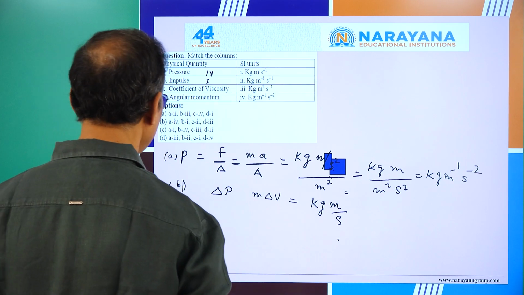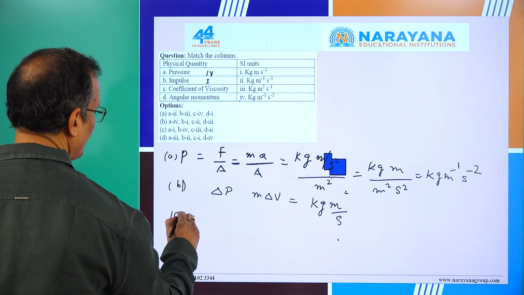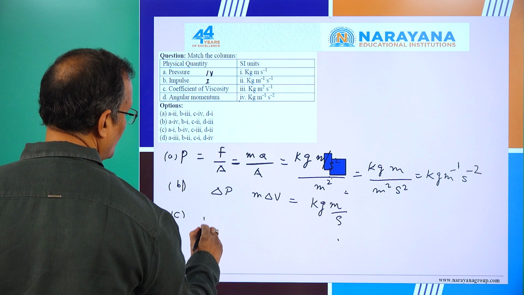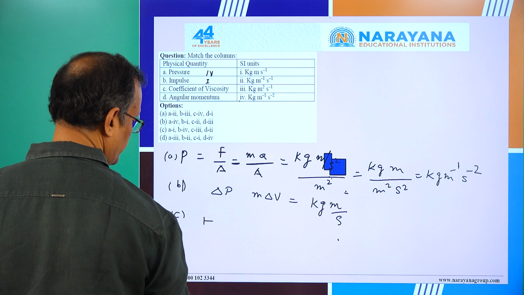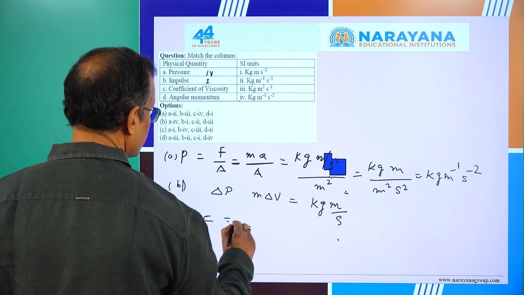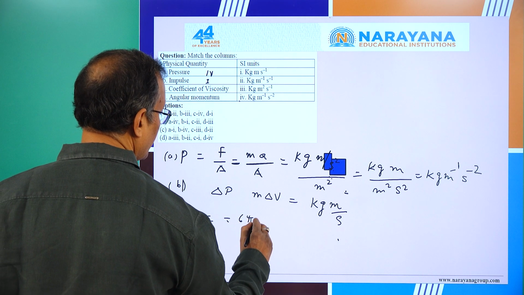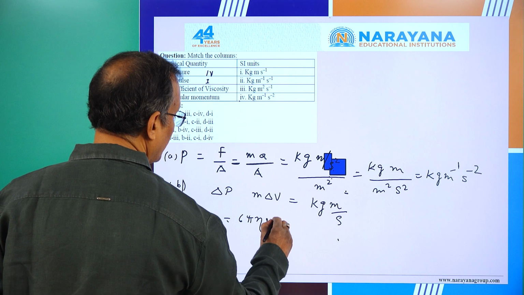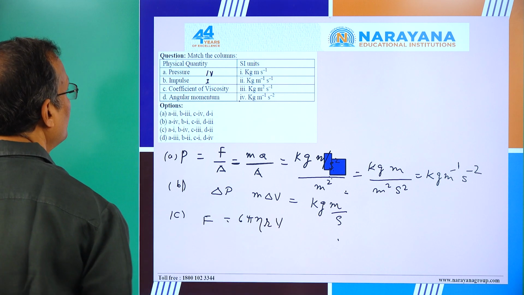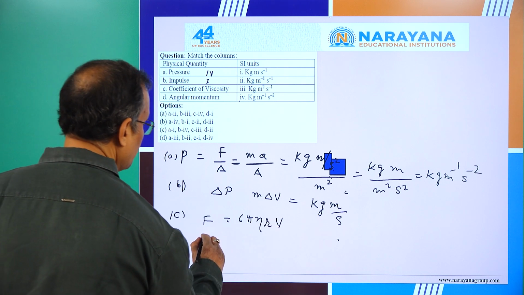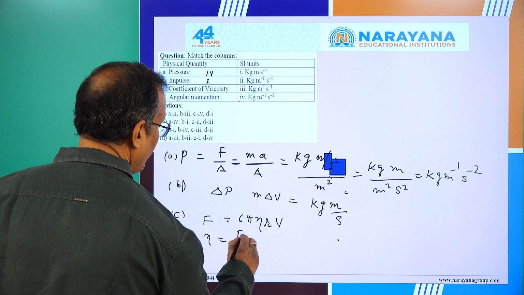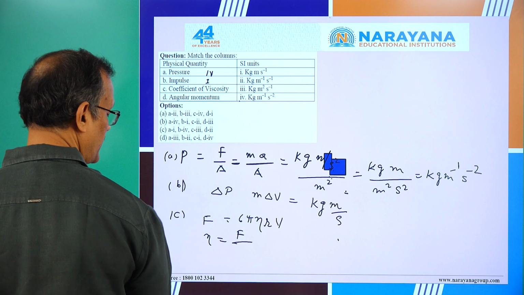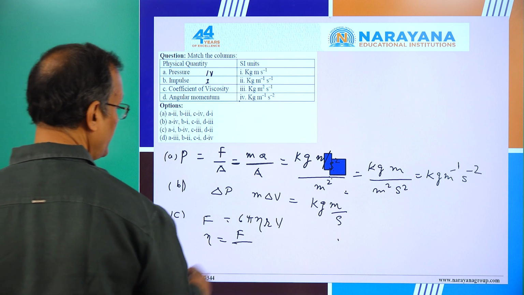Now coefficient of viscosity. You know that F equal to 6 pi eta r v. So coefficient of viscosity eta will be equal to F divided by r v; you are taking only units, so leave 6 pi.